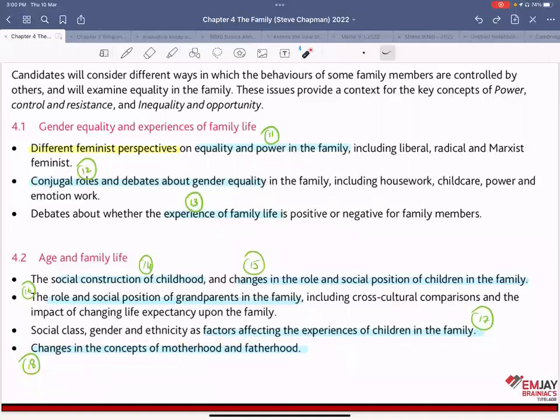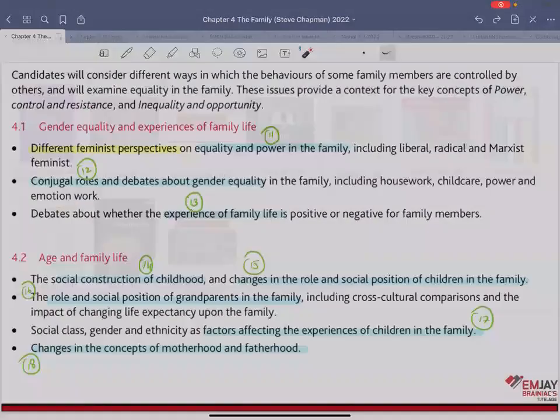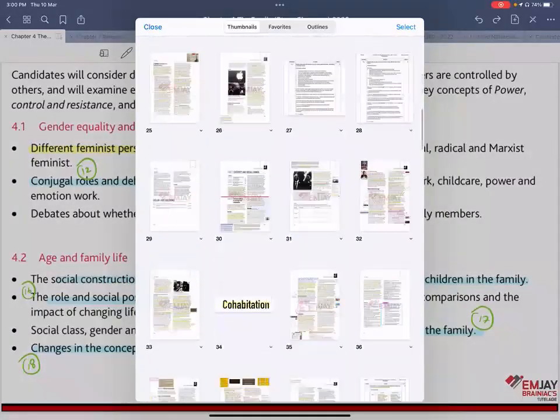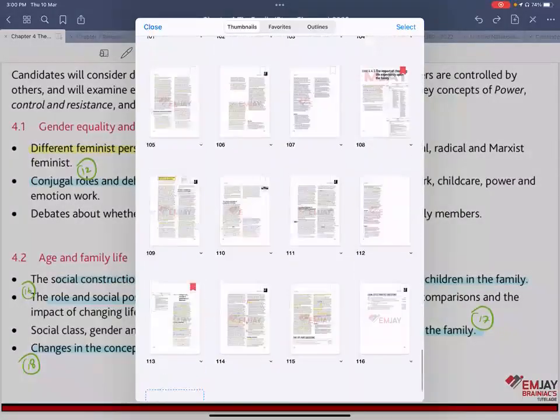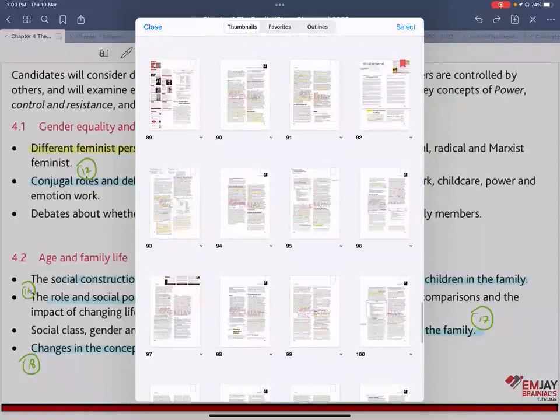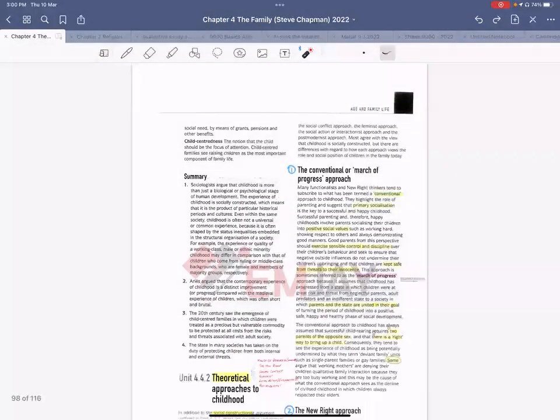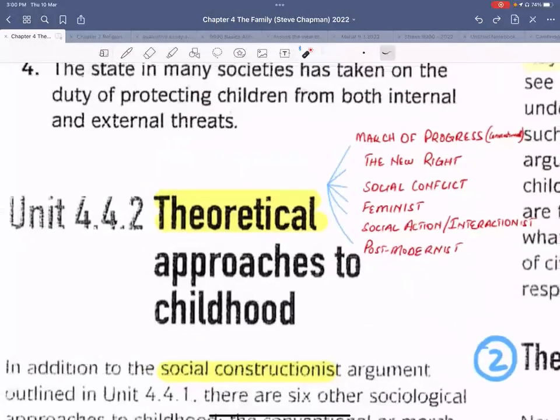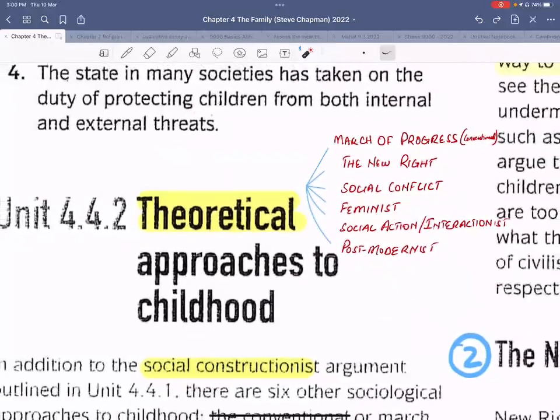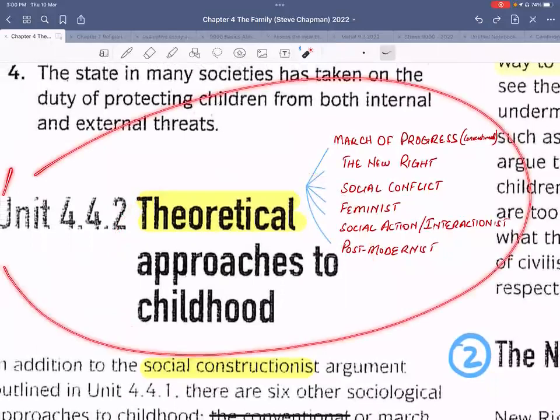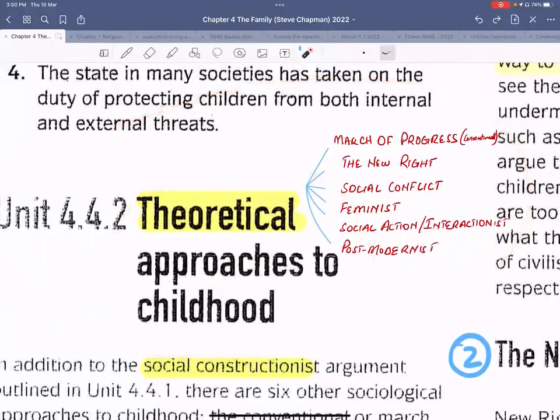All right. Now let's go back. This is where we were, right? I just wanted to show you that these theoretical approaches to childhood are not specifically mentioned anywhere in the syllabus. But look at this content, the march of progress, do you see this?